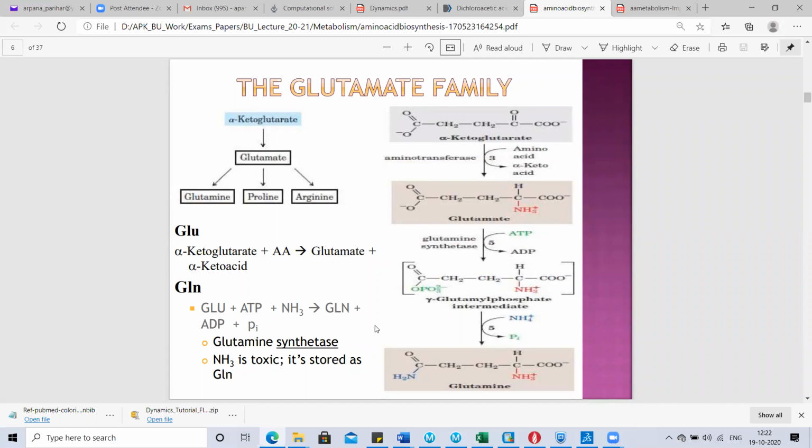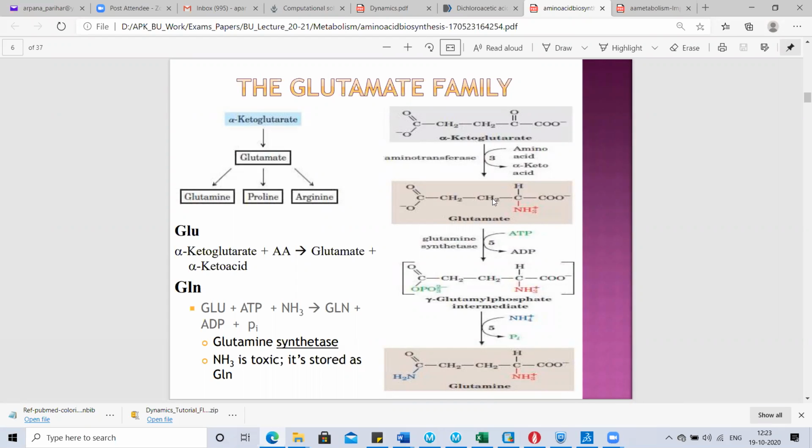Here the key ingredient is alpha ketoglutarate, which in a transamination reaction in the presence of the enzyme aminotransferases can transfer its amino group to an amino acid. If 2 molecules of alpha ketoglutarate interact in the presence of aminotransferases, it produces one alpha ketoglutarate and one glutamate.